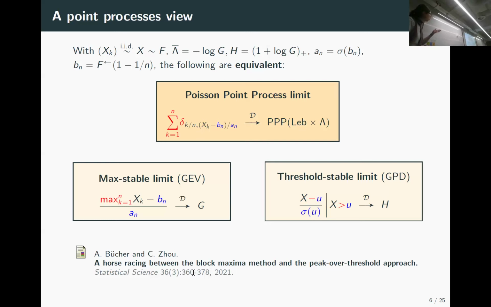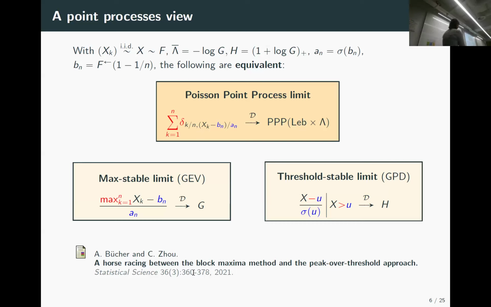And behind those two, there's something maybe even stronger, at least in the IID setting. And you can also start to tweak that from there. Behind both of those limit results, there is a Poisson point process limit.